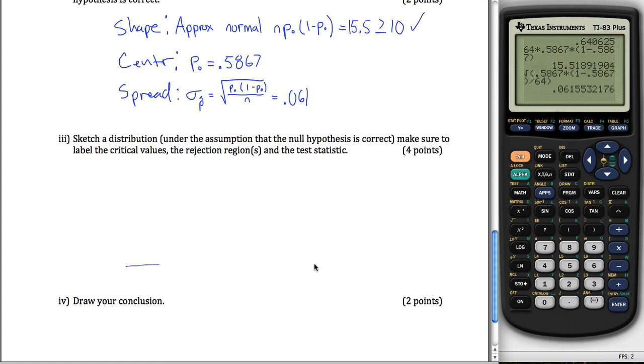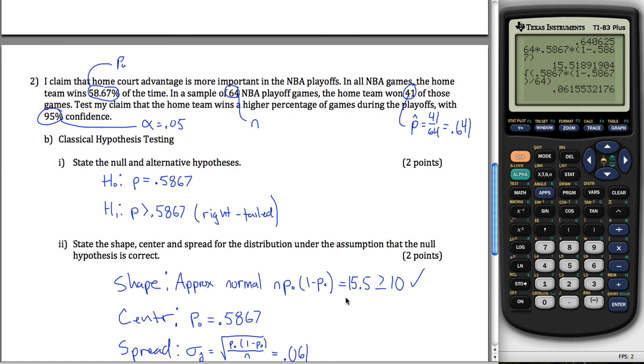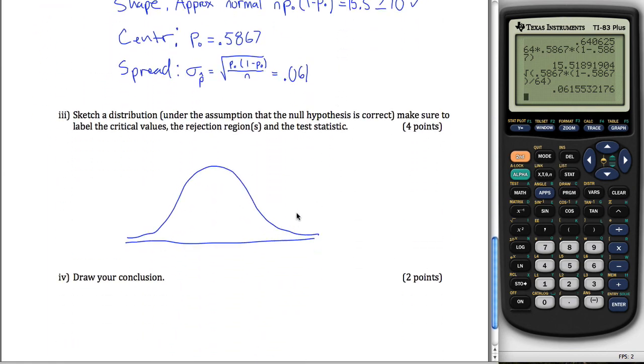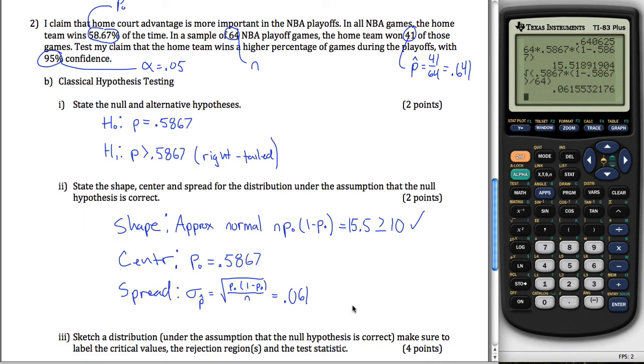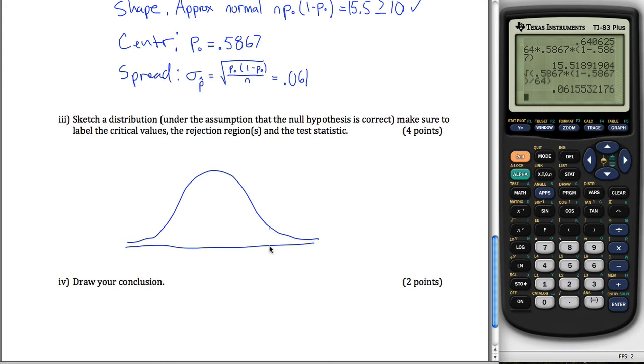Now I can sketch a distribution. The picture you draw depends on what method we're doing. We're doing classical hypothesis testing here, so we want to set up our rejection regions. In this case, it's a right-tailed test, so there's just one rejection region, and its area is always alpha, which in this case is 0.05.